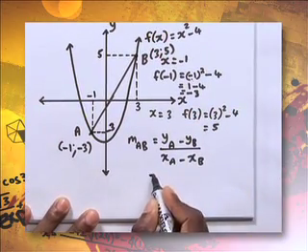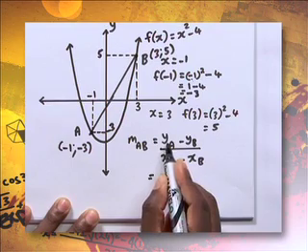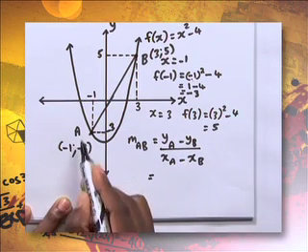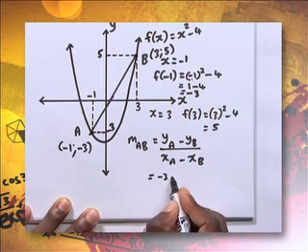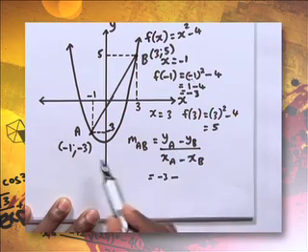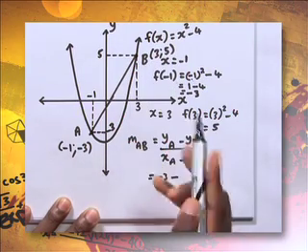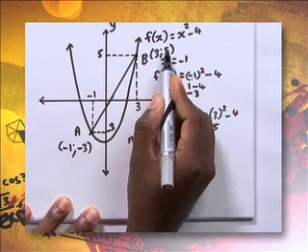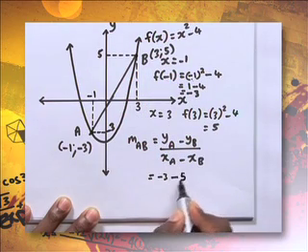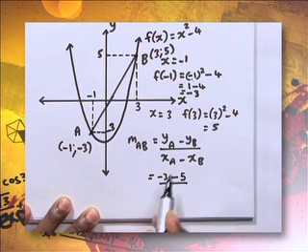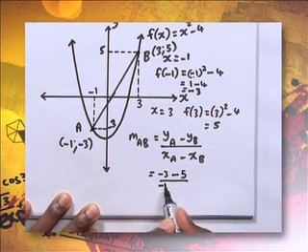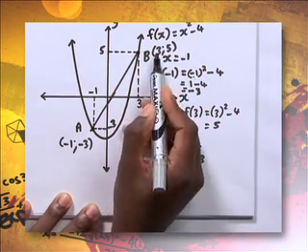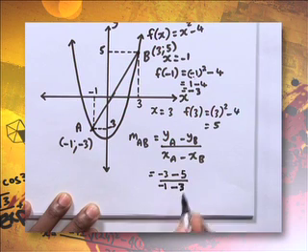All right, let's have a look. Y at A is negative 3, minus y of B, which is 5, divided by x at A, which is negative 1, minus x at B, which is 3.